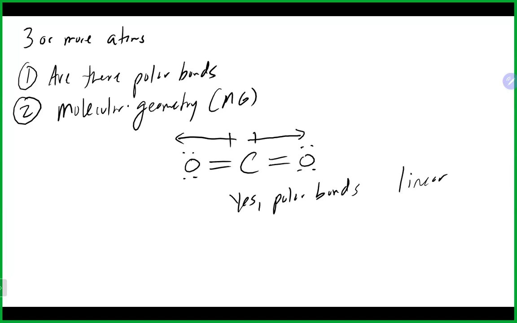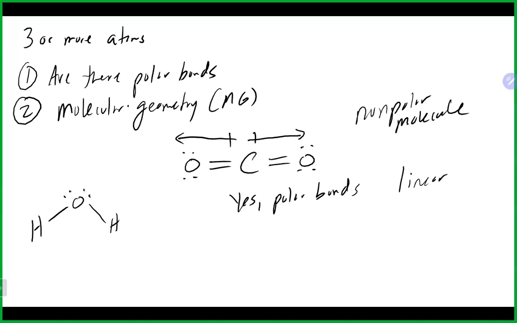Is my pen going anywhere? It is not. So even though it has polar bonds, because of the geometry, they actually cancel each other out. And this is what is known as a nonpolar molecule. So it is possible to have a molecule that has polar bonds, but because of the geometry, they actually cancel each other out.